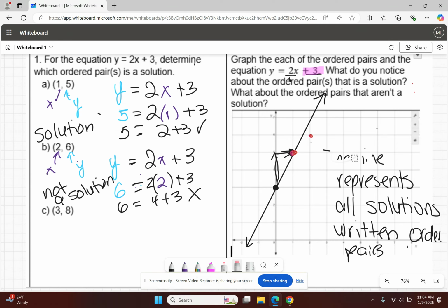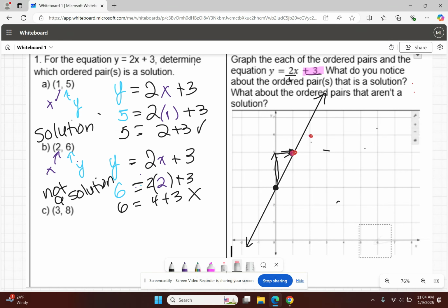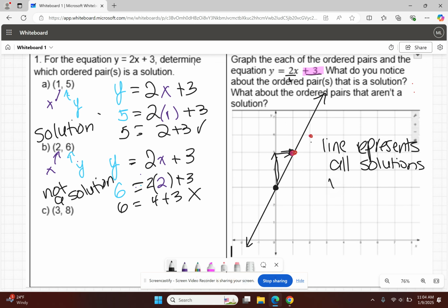So, in one clean sentence: the line represents all solutions written in ordered pairs.